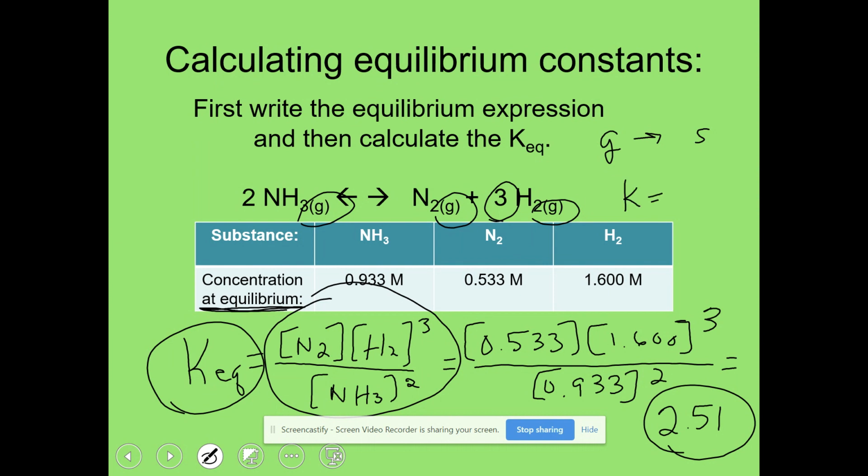So when you go to write the K, the only thing after the arrow is a solid or liquid. If there's nothing up there, you just put a 1. And then on the bottom, you would put the concentration of your gas raised to the power of whatever coefficient it was. It is possible to have a KEQ value that's 1 over something if everything on the product side is a solid or a pure liquid. On the top, you can put a 1. Okay, so hopefully that helps.